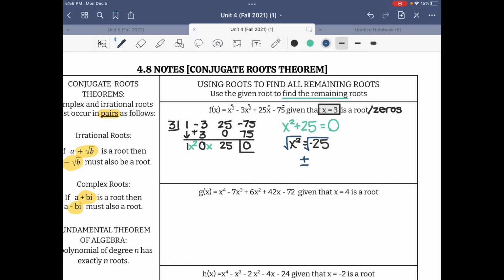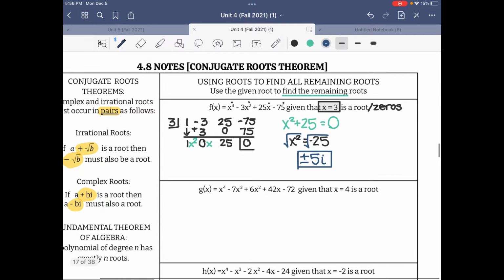Now, the square root of 25 is 5. The square root of negative 25 is 5i. That gives me the last two zeros because this one plus the one it already gave me is 3 zeros, and I had x to the power of 3.